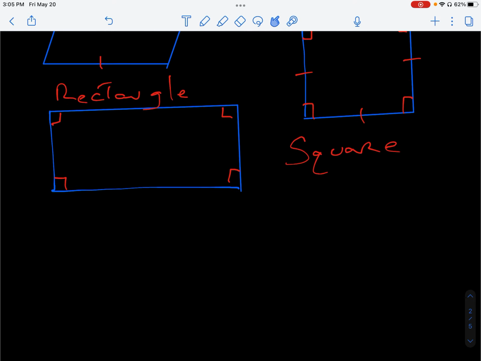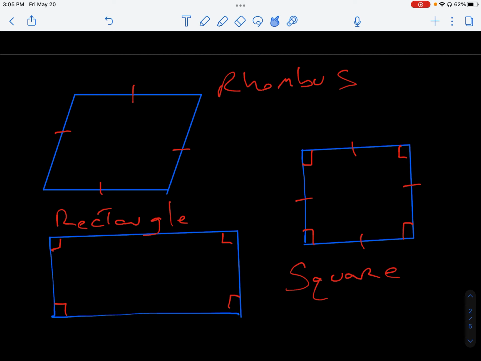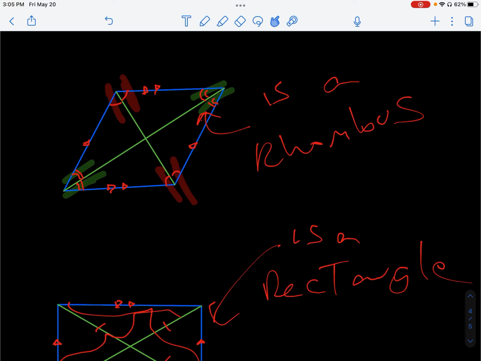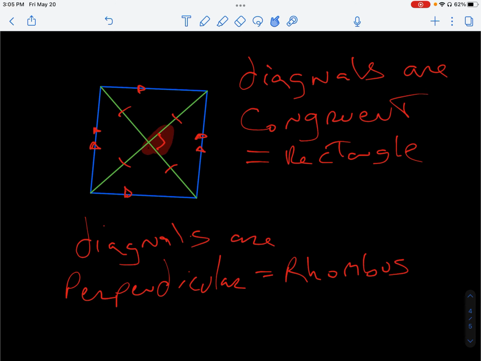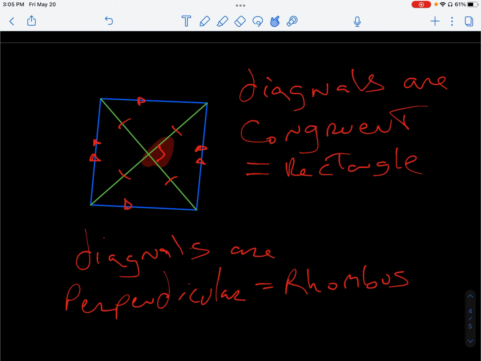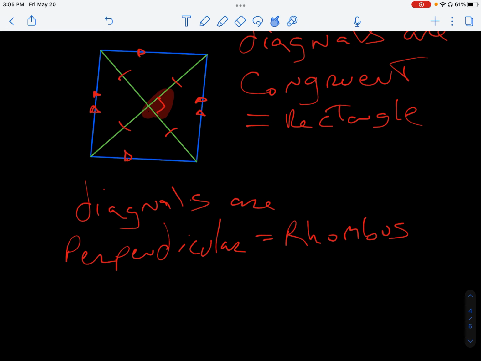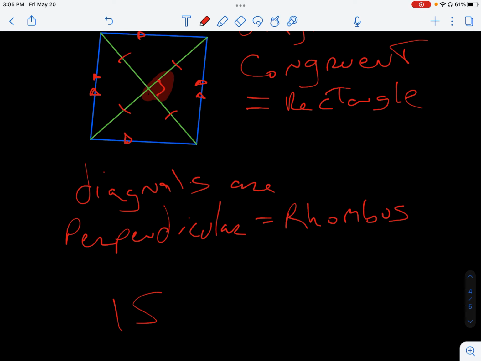Well, if we come back up, when we talked about a square, we said that a square was both a rectangle and a rhombus. So if both are true, our parallelogram we have here is a square.